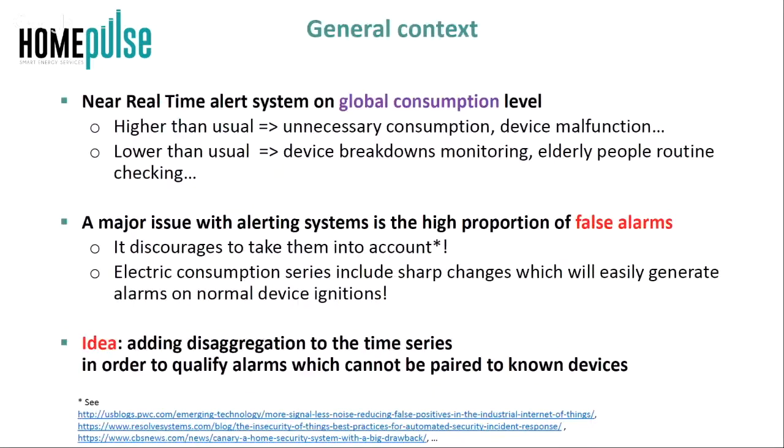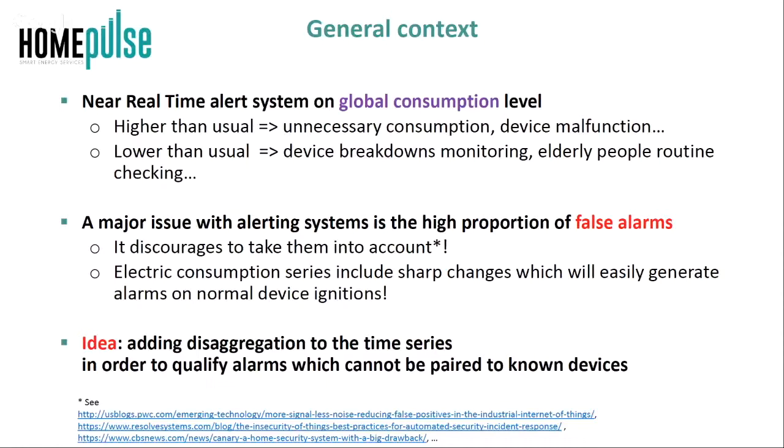For the general context, we focus on the alert system, and we use this alert system on the global consumption. There are two kinds of alerts. There are alerts which correspond to consumption that is higher than expected, which can be proof that there is a problem, an unnecessary consumption, or maybe a device which is not working the way it should.